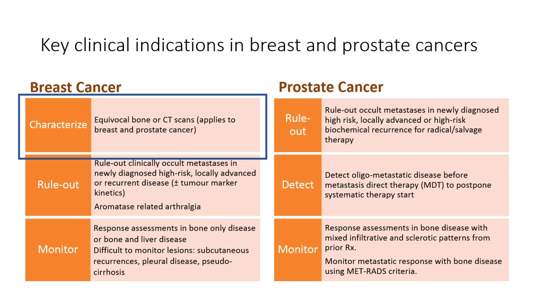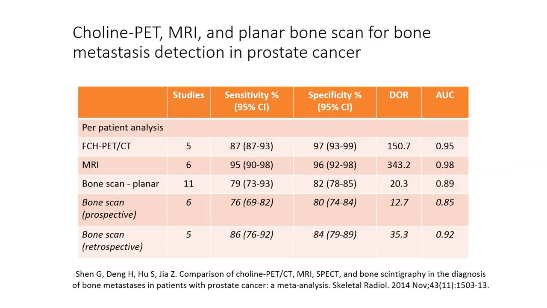But there are also multiple indications in breast and prostate cancer. The most commonly used reason for it is the equivocal bone scan or CT scan, as I've already described, for both breast cancer as well as for prostate cancer.